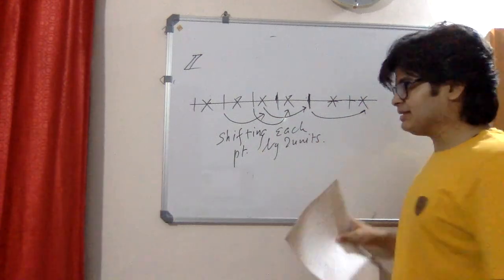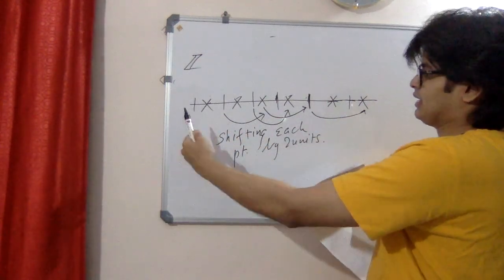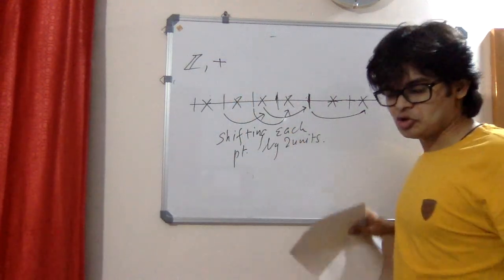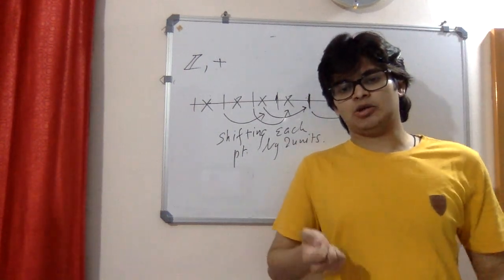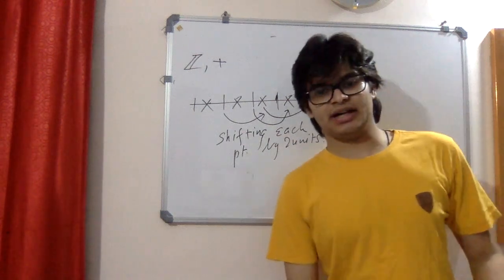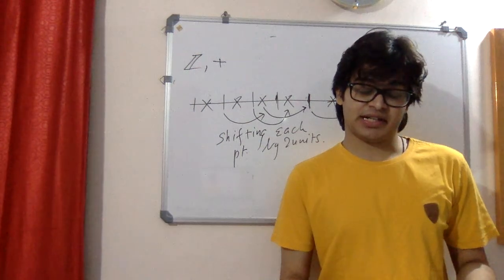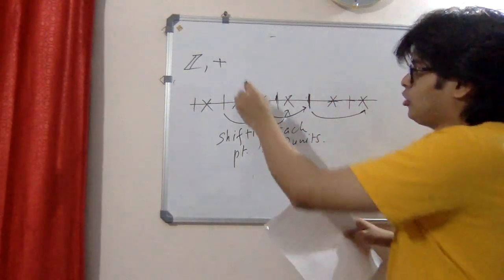Now, which essentially means that this symmetry is maintained under addition. So if we add a particular number to the whole integer line, then it remains unchanged, and it forms a symmetry, and it forms a group.